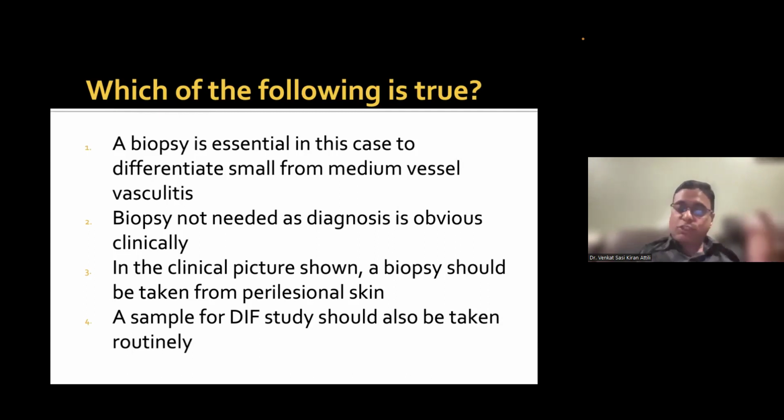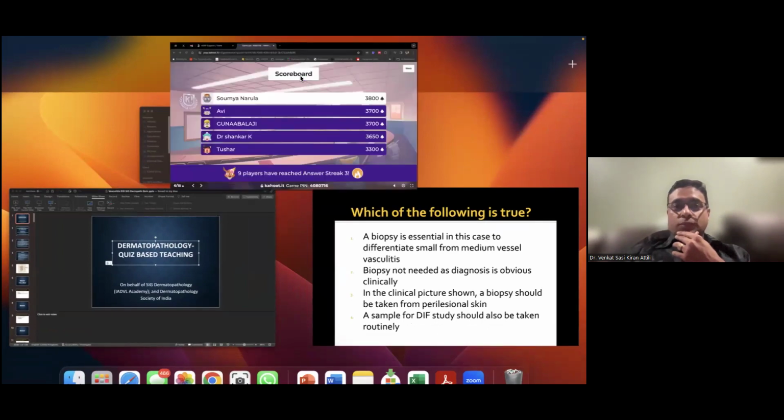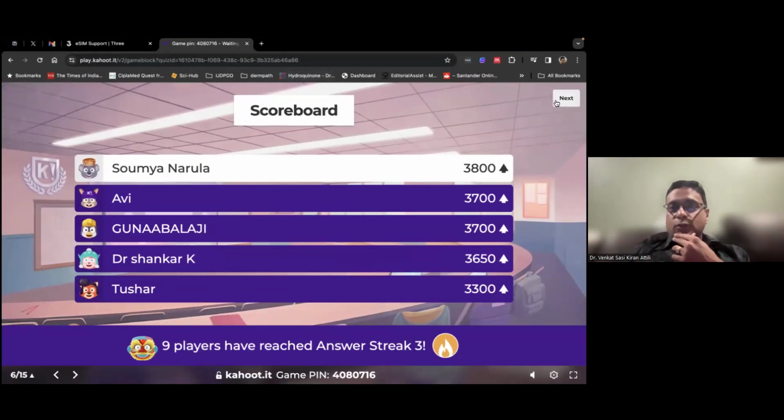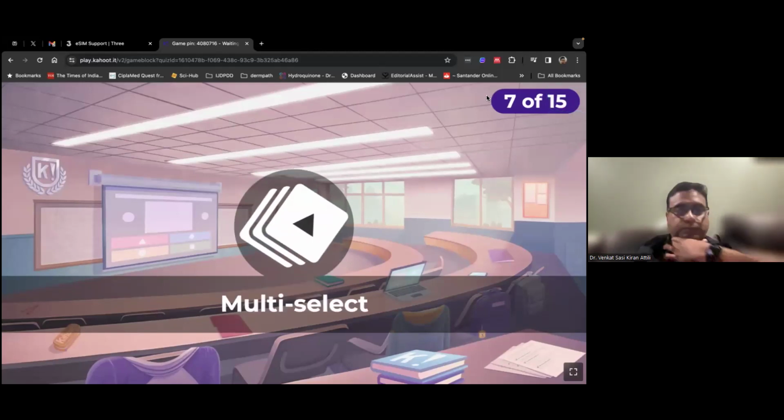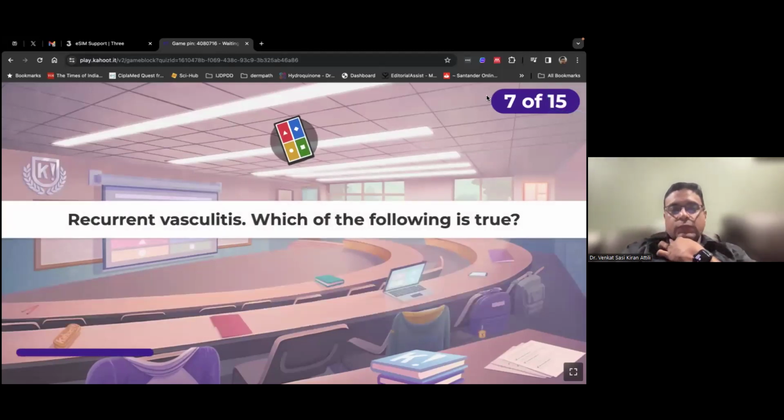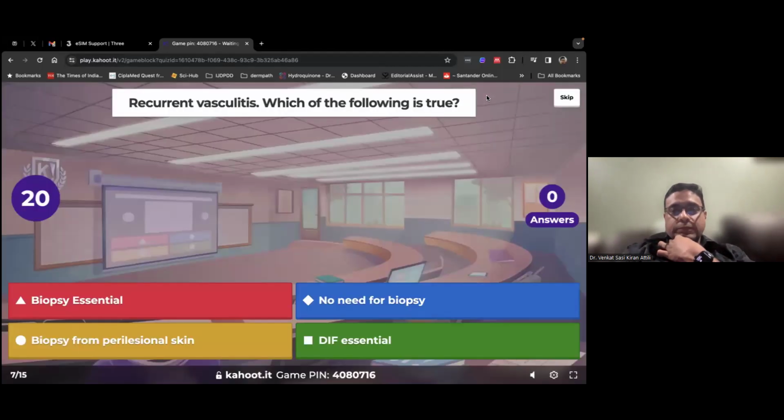Okay, this is both testing your clinical knowledge as well as your histopath knowledge. But these are all basics, so I hope you can still answer these. 7 out of 15. Which of the following is true in this case? Biopsy essential, no need for biopsy. Biopsy from perilesional skin, or DIF essential.